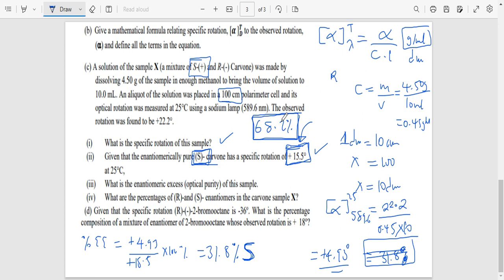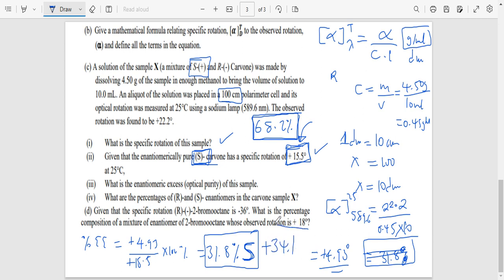Now from that R form and S form, we are going to have half being S and half being R. So if I divide that value by 2, it will give me 34.1 being S, 34.1 being R. Remember we also have the S, which is pure, that doesn't have any combination. So to this value I'm going to add 34.1.